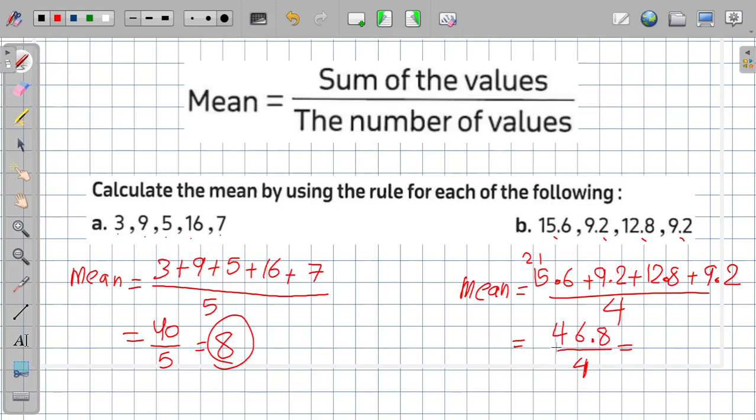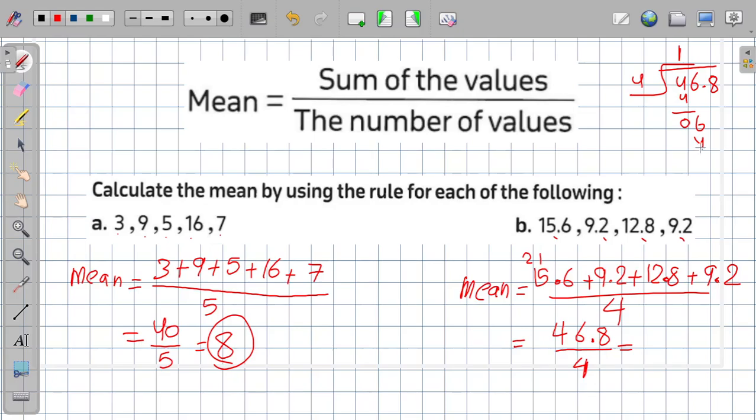So 46.8 divided by 4 equals what? Let's try to find the result by the algorithm of division. So I have 46.8 divided by 4. 4 divided by 4 equals 1. So the remainder will be 0. Next I have 6. 6 divided by 4 equals what? I think I will take 4 because 4 is in the timetable of 4.